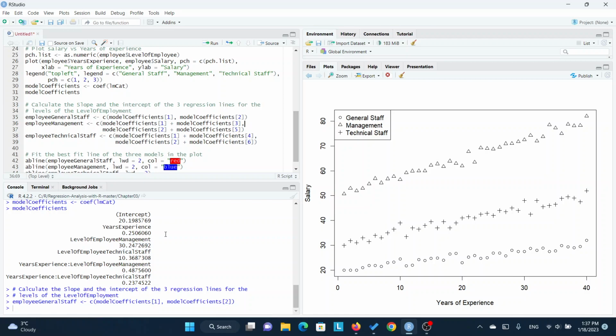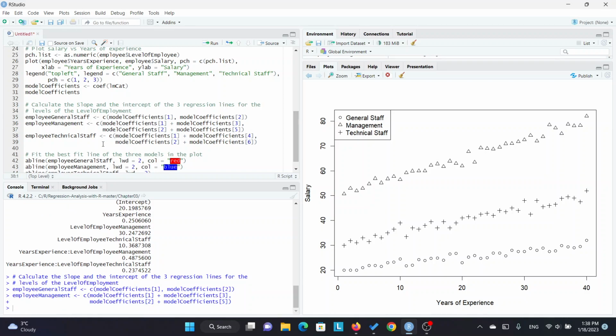Okay, and the slope here is going to be the years of experience slope plus the interaction term for the management staff, so for management and the years of experience. So that's going to be 0.2506060 plus 0.4875600. Okay, let's run that.